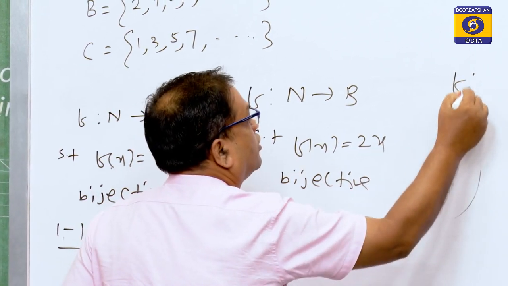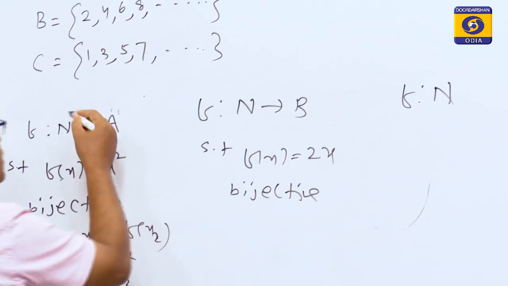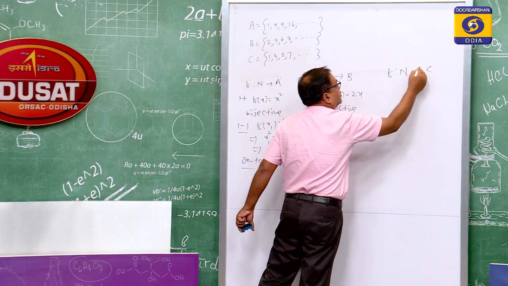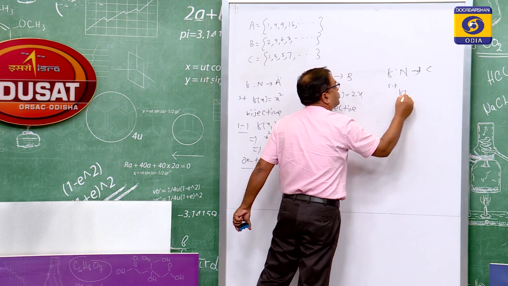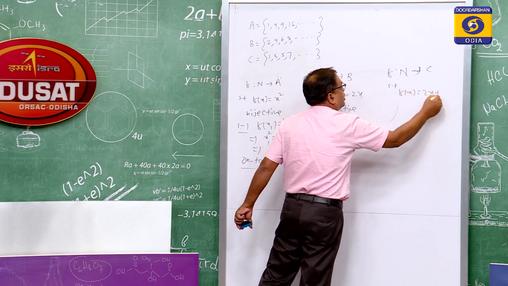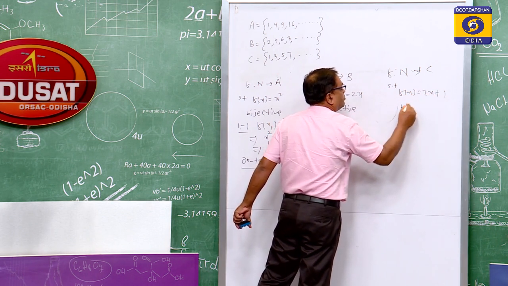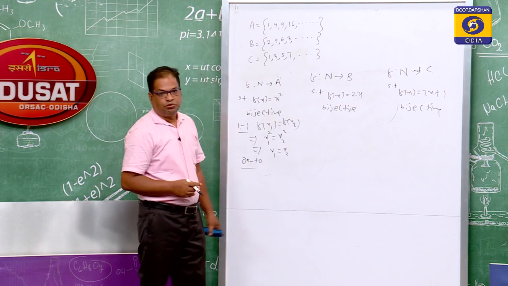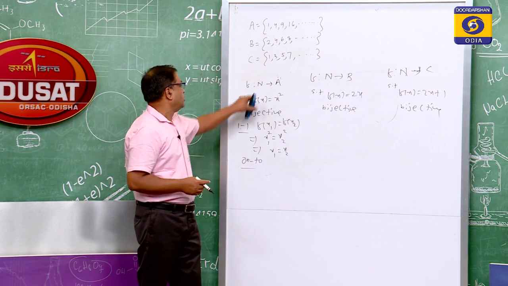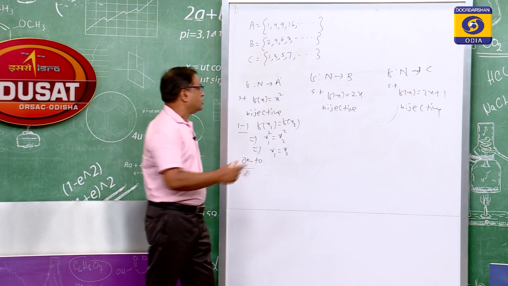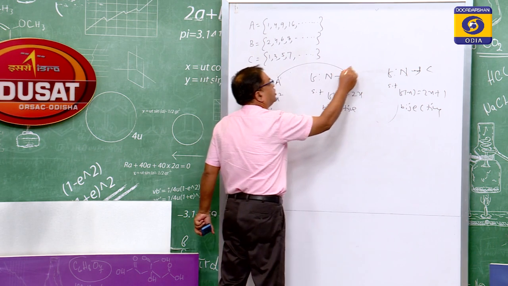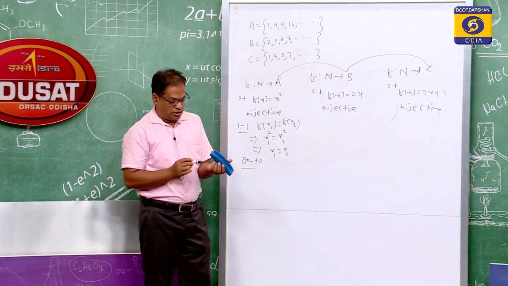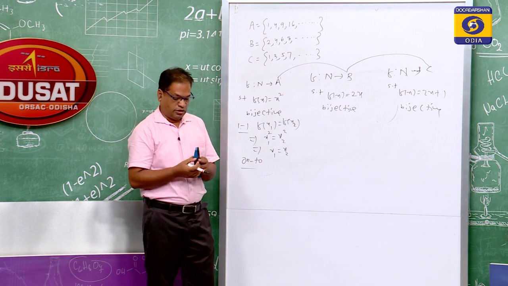Also, the last set C, the set of odd natural numbers, such that f(x) = 2x + 1, is also bijective. So, the 3 sets A, B, C are equivalent with N. So, A, B, C all are equivalent because they are equivalent with the natural number set.